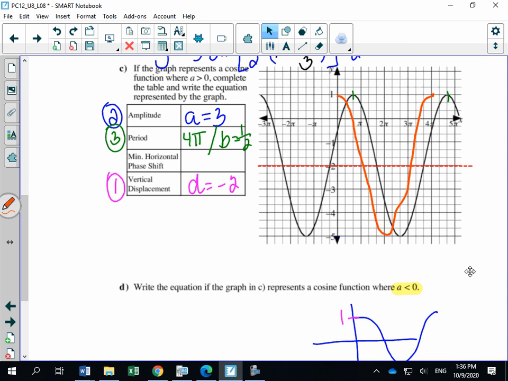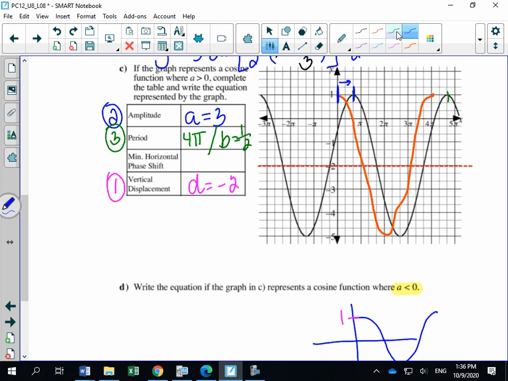When you're doing it for a cos graph, you always want to look at the peaks or the minimums, the maximums or the minimums. So the phase shift for this cos graph, we started here and we're ending here. That's our phase shift.